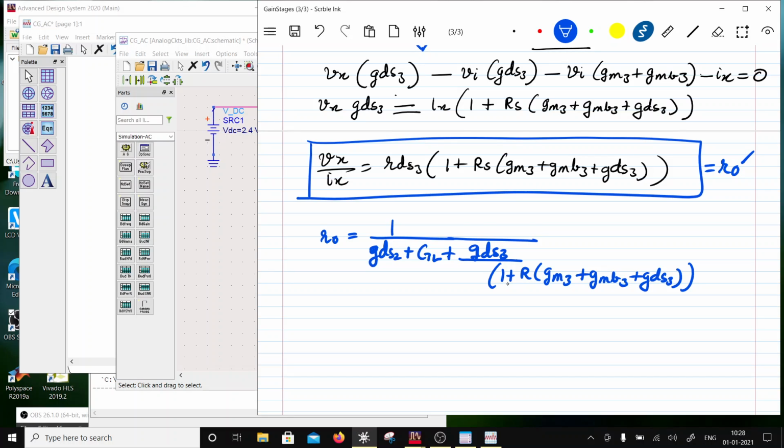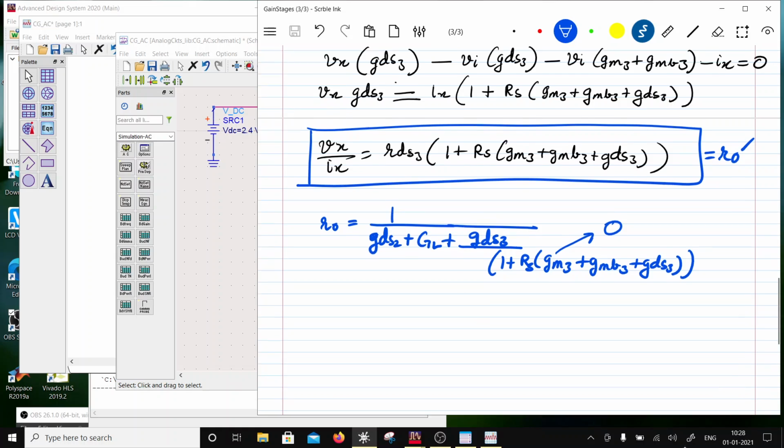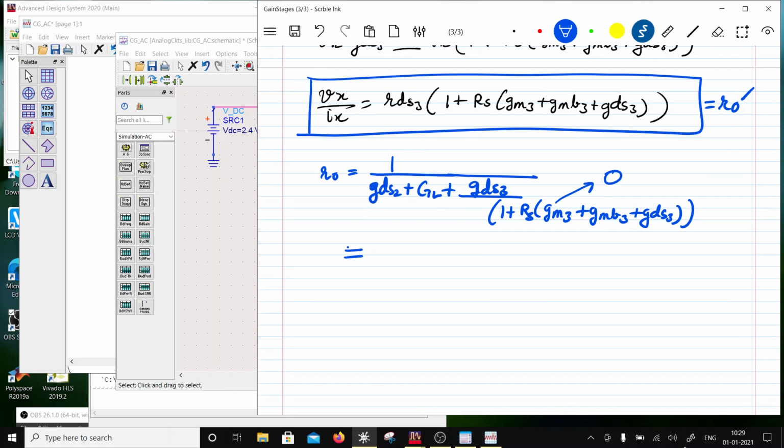Okay, so now what's going to happen is this term will tend to 0, because this is Rs, and the gain times Rs is going to be a very large number, so that term would disappear. But another thing is, if Rs equals 0 and GL equals 0, then I would come to the same number, 1 over GDS2 plus GDS3.